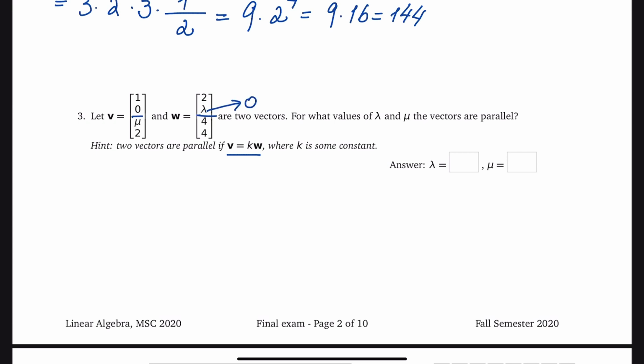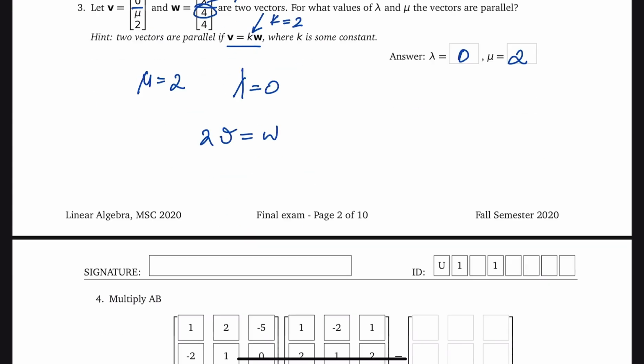And if you notice, the numbers in the second vector omega are just twice the numbers of v, so mu is going to be twice smaller than 4, which is 2. Essentially, lambda is 0 and mu is equal to 2. If you substitute this, the scaling coefficient k is equal to 2. So if you multiply v by 2, we get omega if lambda is 0 and mu is 2.